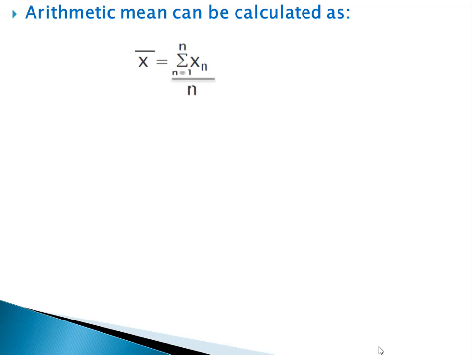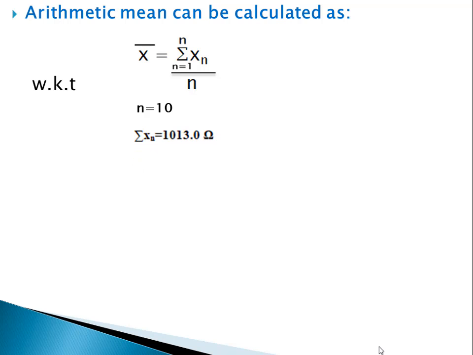Here we know the equation for arithmetic mean: x bar is equal to summation xn, where n varies from 1 to n, divided by n. The total number of readings n is equal to 10 and summation xn is equal to 1013.0 ohm.